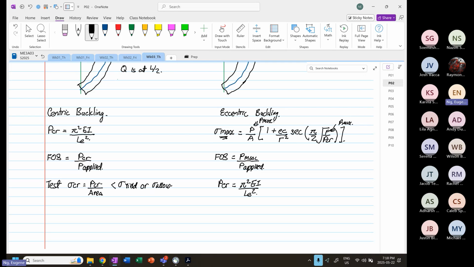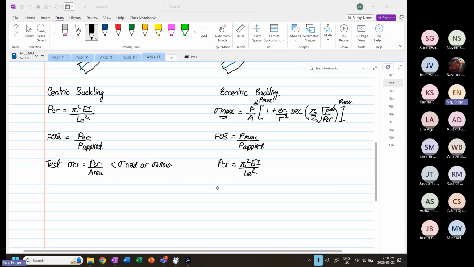And the test that we do, we have to test: is the structure safe or is the structure not safe? So the test, you have to ensure that the stress max has to be less than the stress yield.